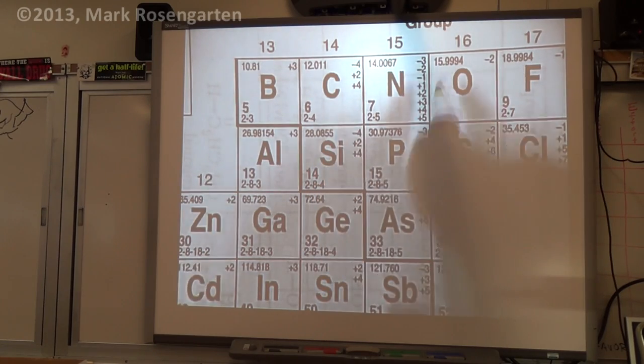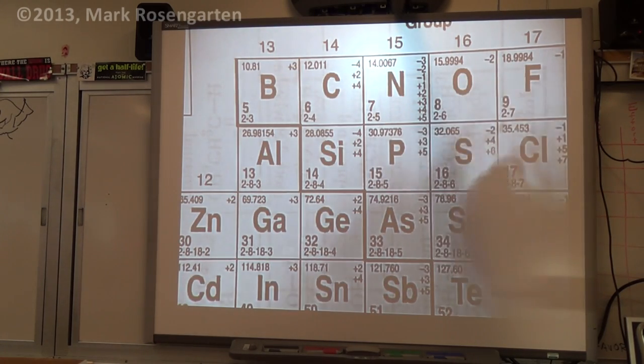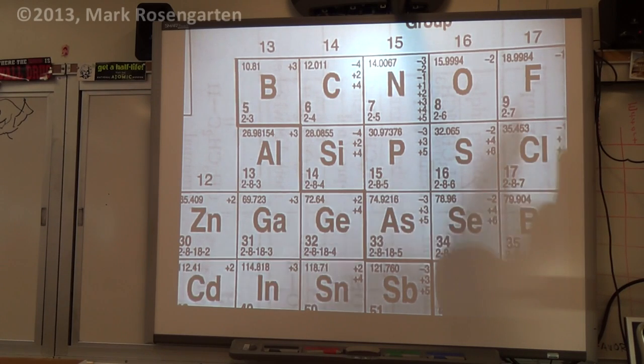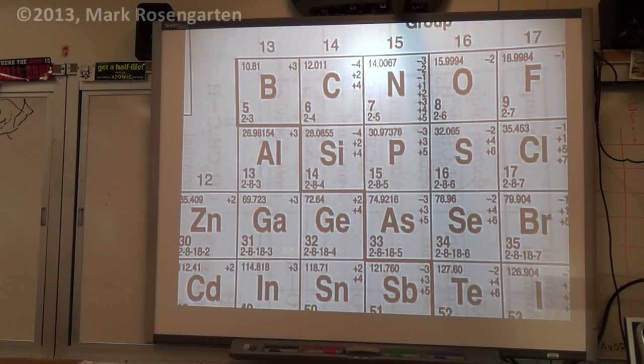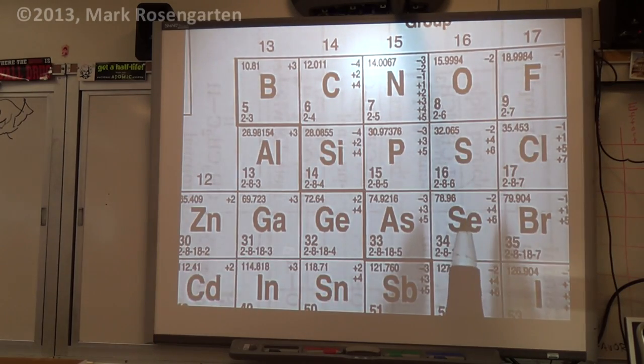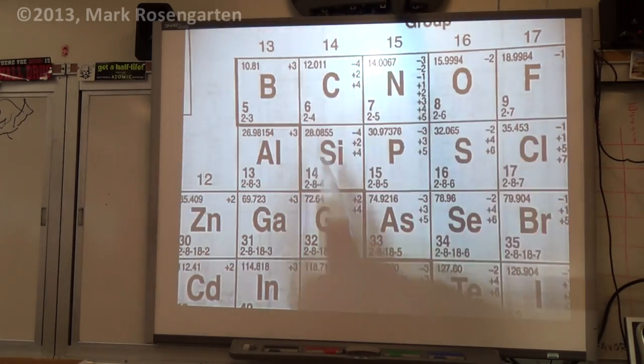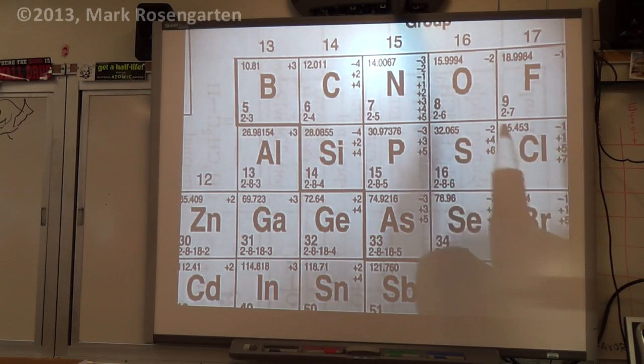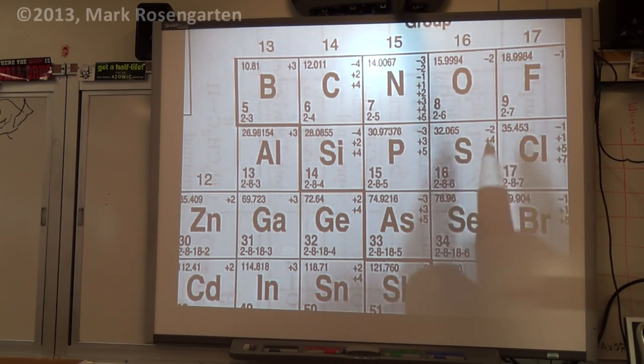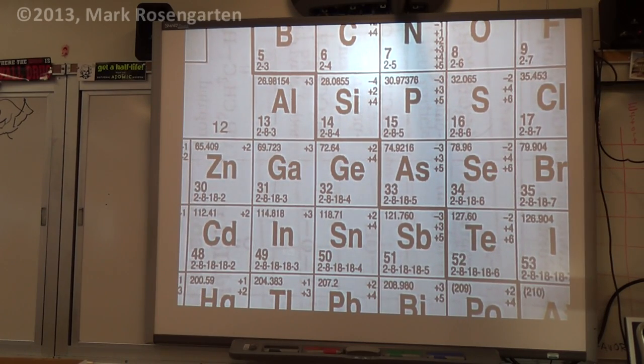And they also form negative ions by gaining electrons. So nonmetals gain electrons and become negative in charge. Although sometimes, especially if they bond with another of their own kind, they can share enough electrons to make a covalent bond. The metalloids are kind of in the middle.